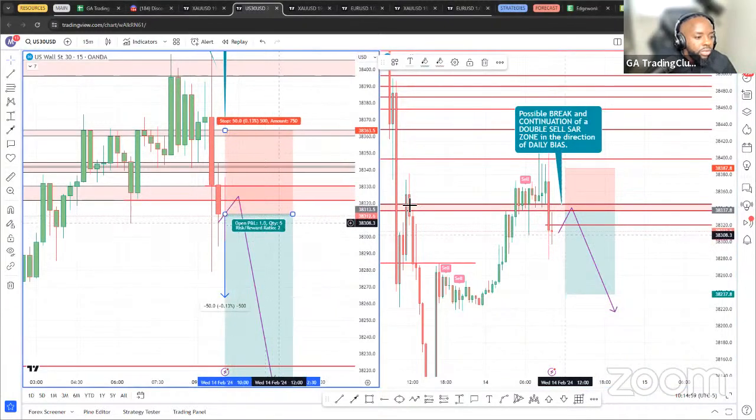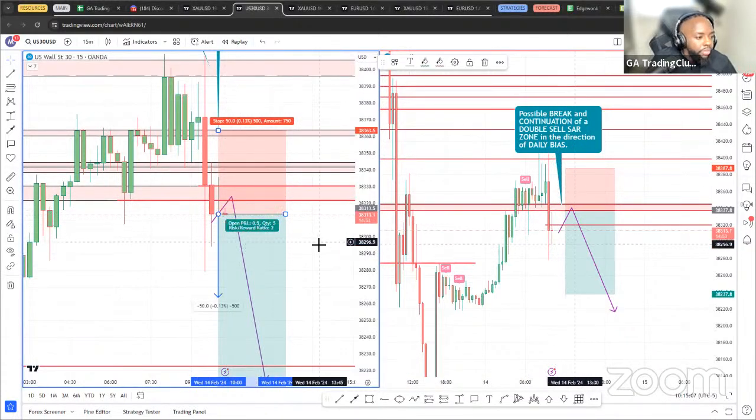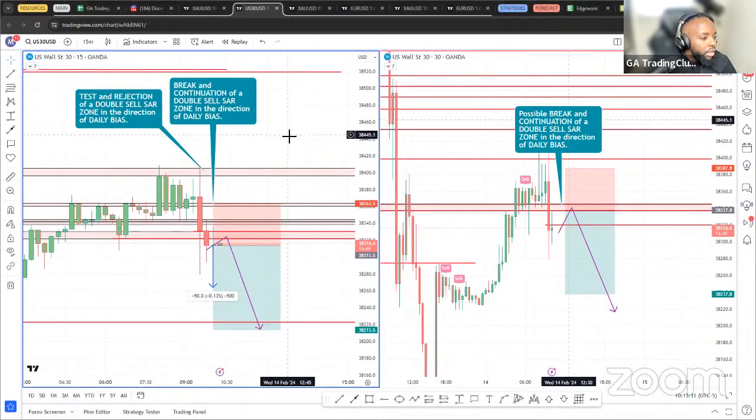Okay. And there it is. I mean, that sell on US 30. Let's see what else. And there's definitely squeezing here.